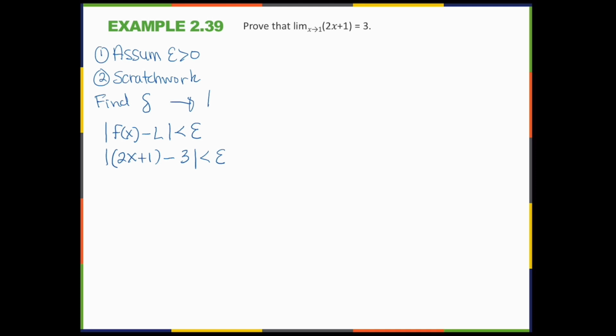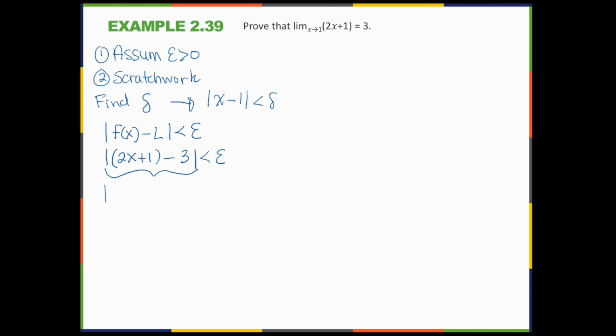We want to find |x - a|, whatever value we're approaching. Since we're approaching 1, I'm going to have |x - 1| in here. We want to rewrite this using algebra as |x - 1|. So we're just going to use some algebra manipulation, and whatever we have on the right-hand side of this inequality is then going to be what we let delta be.